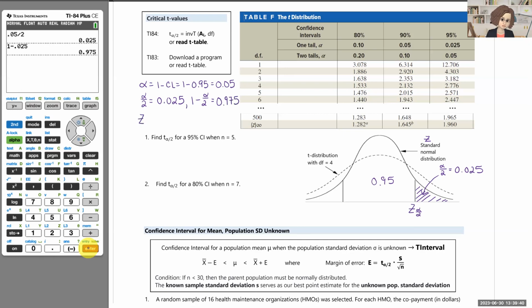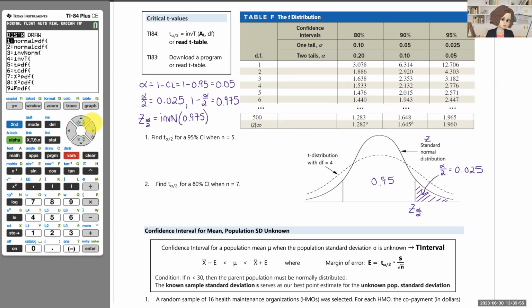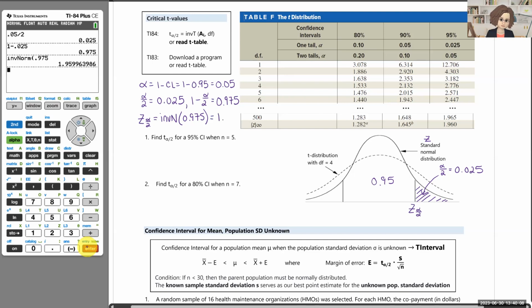So our z alpha over 2, we can inverse norm for the normal distribution, that area 0.975. All right, I'll go ahead and do that as well. So back to my distributions and inverse norm 0.975. And there's our 1.96 we've seen before.